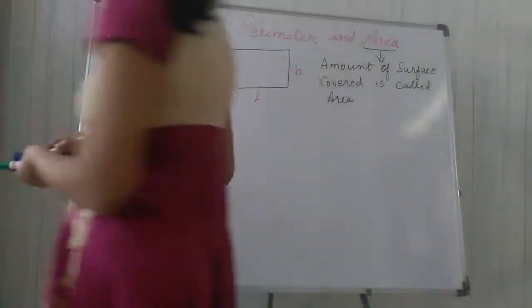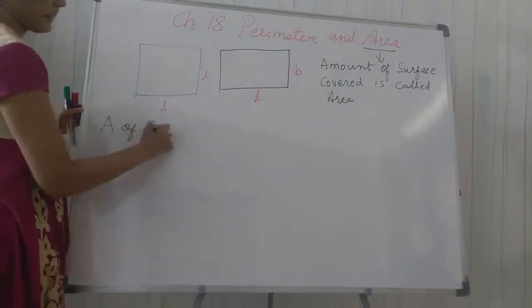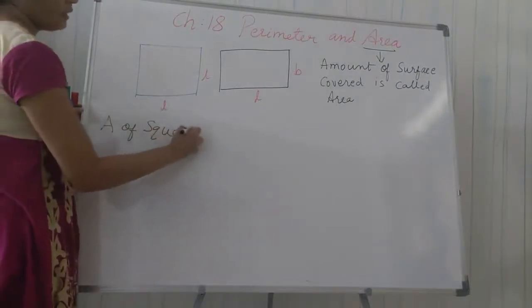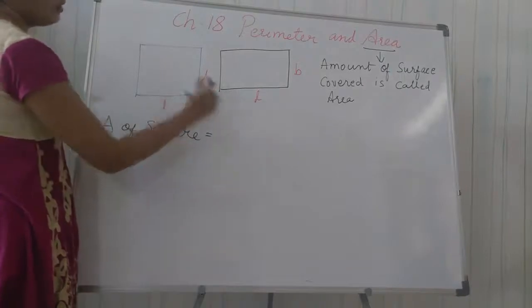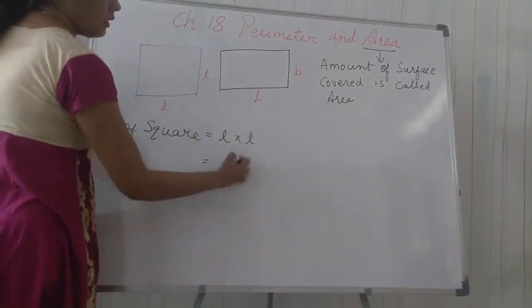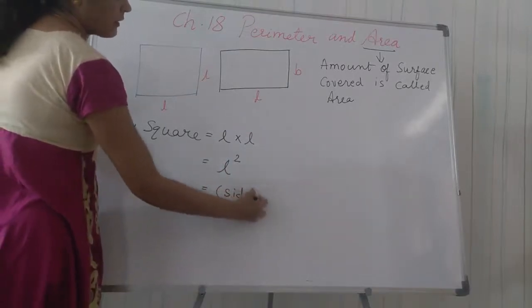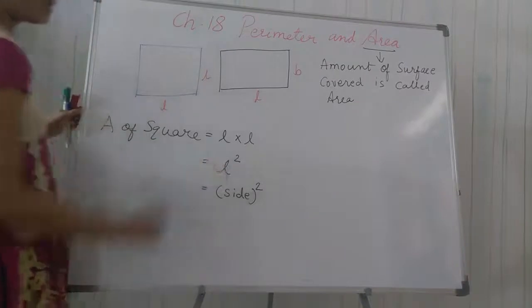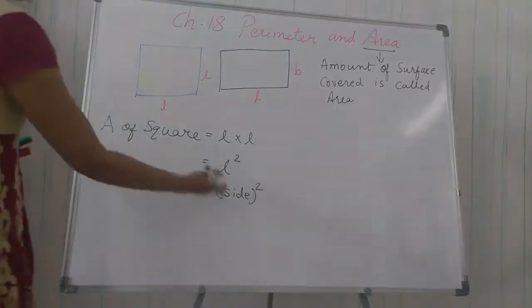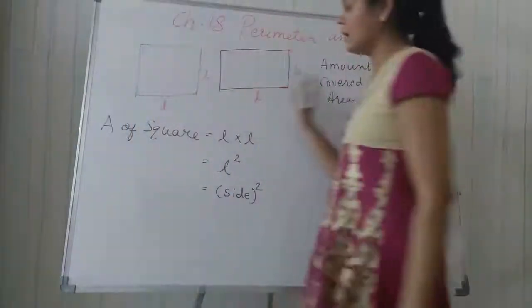So now I am writing here area of square. Area of square formula here, as I explained to you, L multiply L is equal to L square, or you can say side square. Any formula you can use, either this or this. Next is area of rectangle shape.